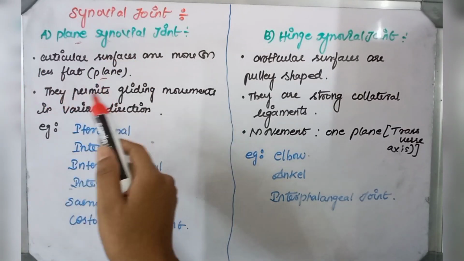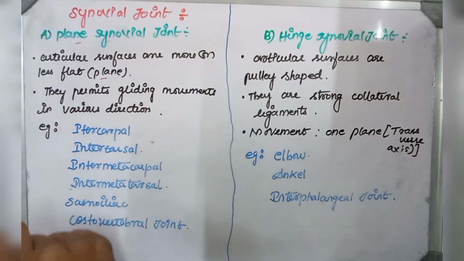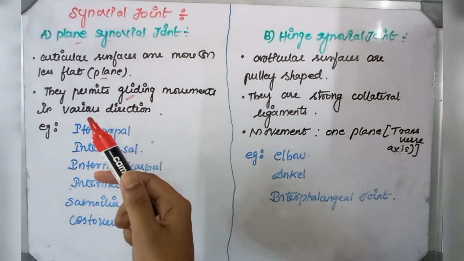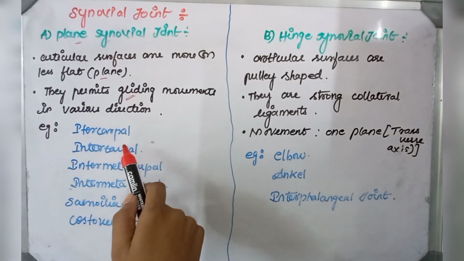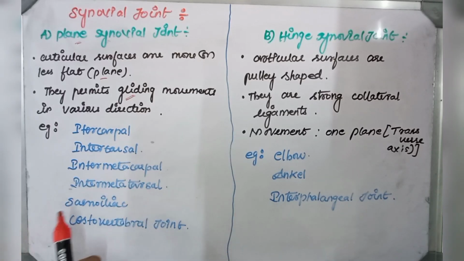Due to the flatness of the articular surfaces, they permit gliding movement in various directions. Examples of these joints in our body are the intercarpal, intertarsal, intermetacarpal and intermetatarsal joints, and the sacroiliac and costovertebral joints. These are all plain synovial joints.